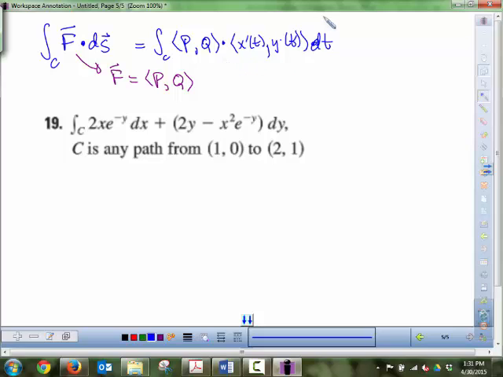So if we actually compute this dot product, we can see that we have P times x prime of t dt plus Q times y prime of t dt. It turns out that these are just the differentials that can be written as dx and dy.